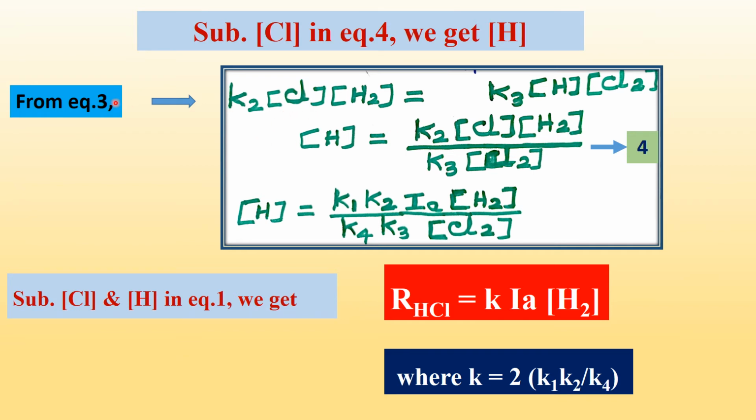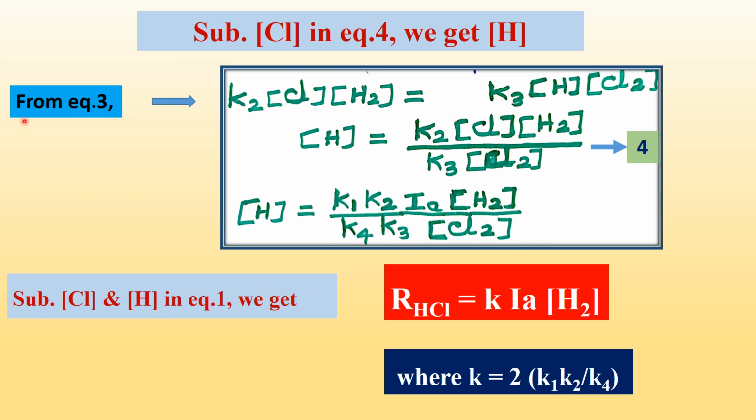From equation 3, the concentration of hydrogen atom equals k2[Cl][H2] divided by k3[Cl2]. Let us substitute the chlorine atom concentration in this equation. We obtain k1 k2 I_A [H2] divided by k4 k3 [Cl2].